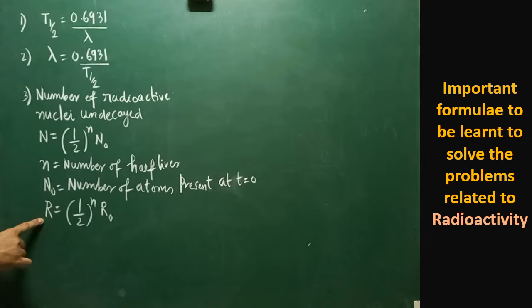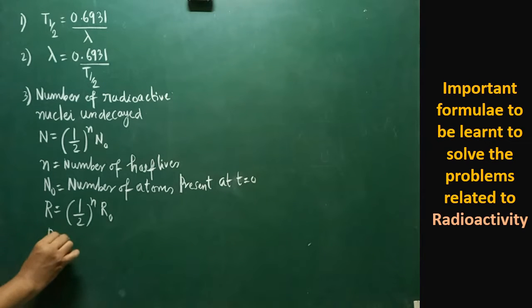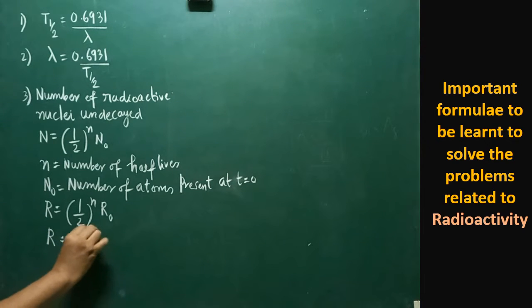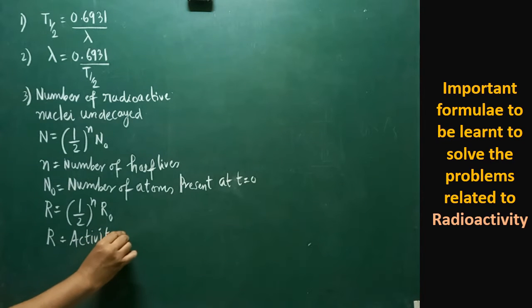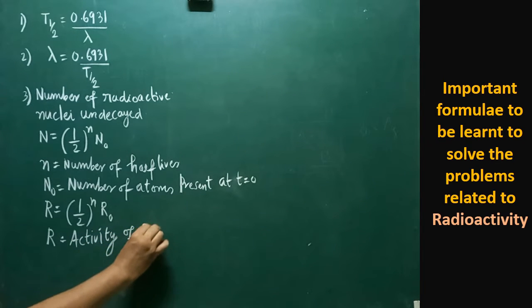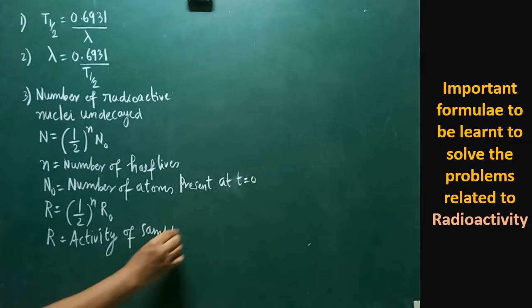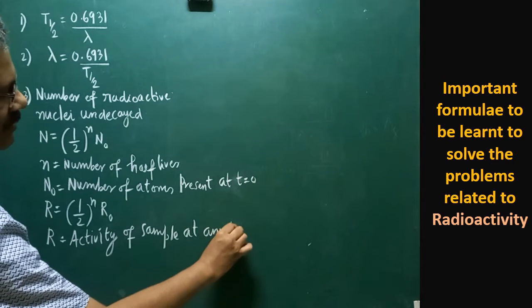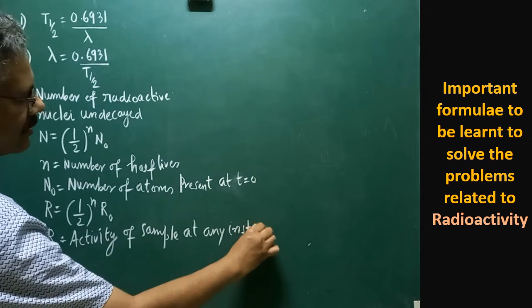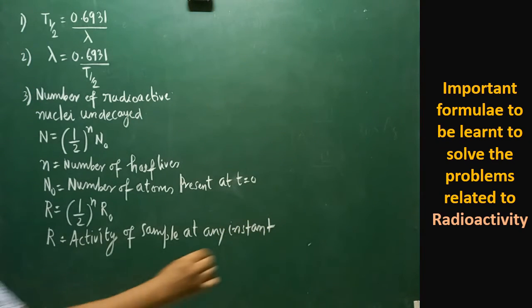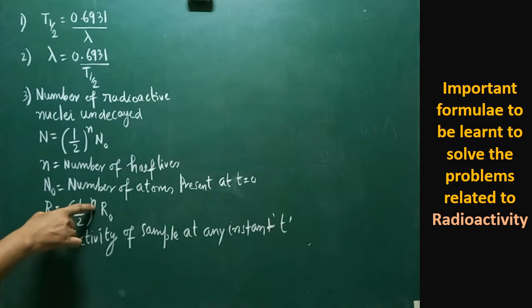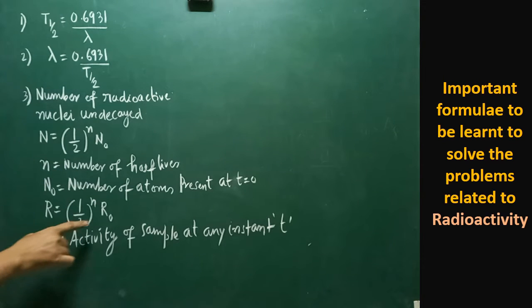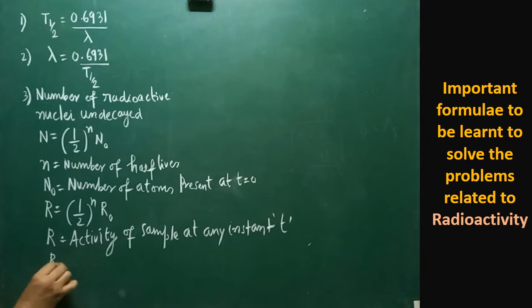So at any instant t, R is called the activity of the radioactive sample. Are you clear? To calculate R, what is required? n is required. Already I have written what is n. What is R naught? R naught is nothing but the initial activity.